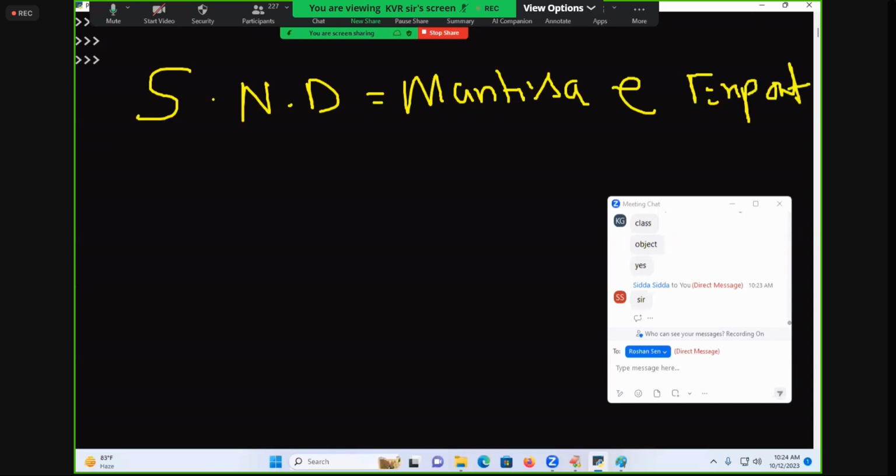This is there in the 6th class, because it is there in SSC as well as in ICSE. Now, coming to the point, take an example: A is equal to 3E2 as a simple example.